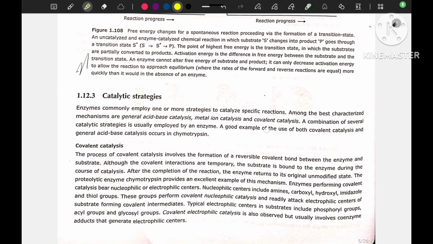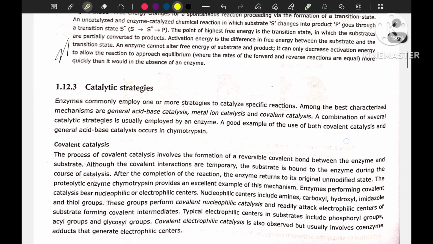Strategies. So today we're continuing the enzymes portion, catalytic strategies. Enzymes commonly employ one or more strategies to catalyze a specific reaction. Among the best characterized mechanisms are general acid-base catalysis, metal ion catalysis, and covalent catalysis. So, three types of catalysis we are seeing.